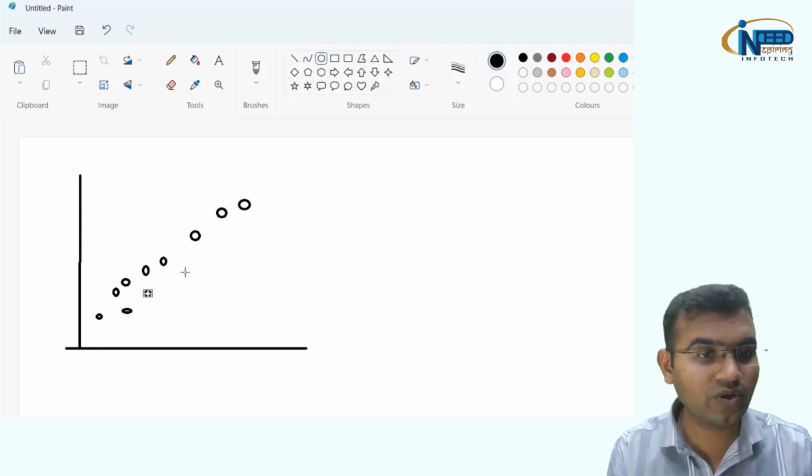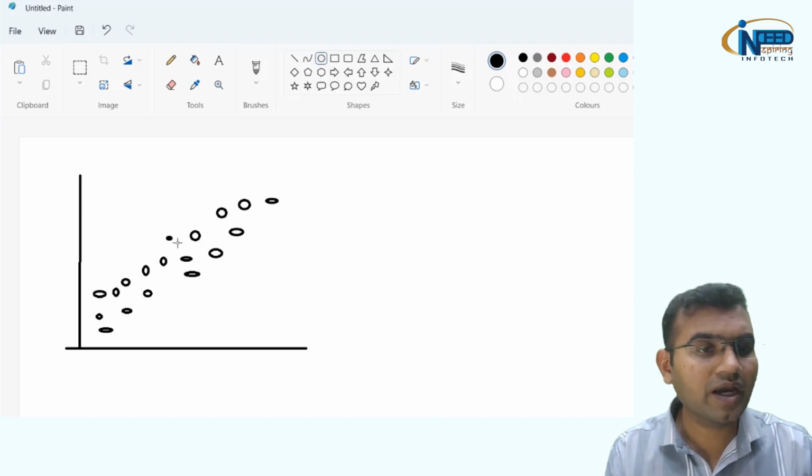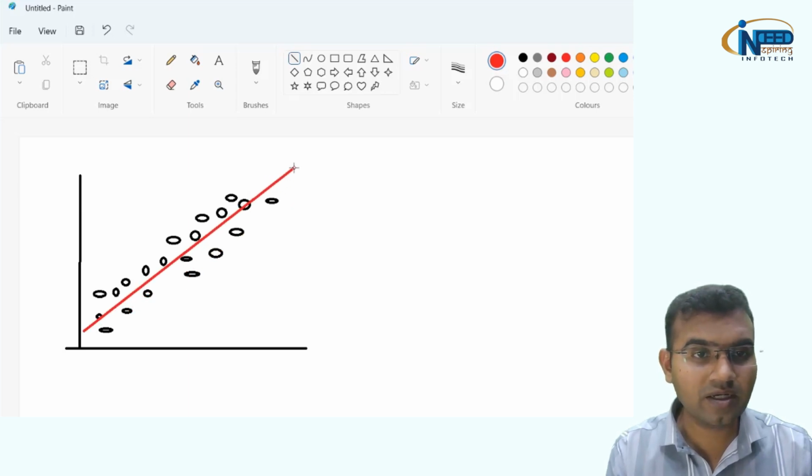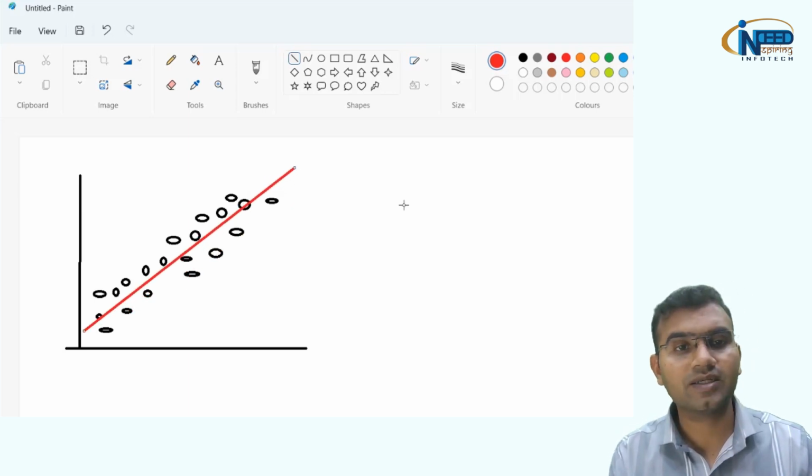If I wish to have a line fitting these data points, is it possible that a line can fit or pass by them, and that too one straight line? The answer is yes. I can have a straight line which can fit within these points.